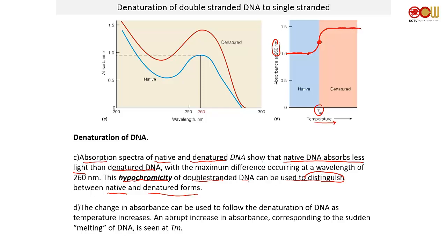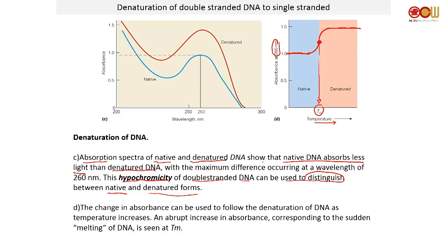The place where the slope changes the most, the inflection point, is the TM of the particular DNA that you're working with. So you can use the difference in light absorbing capability to identify the TM of your DNA.